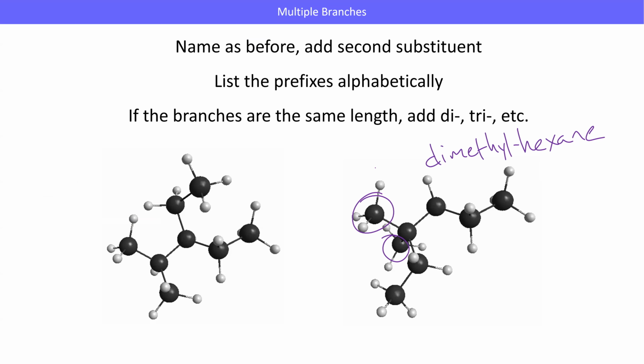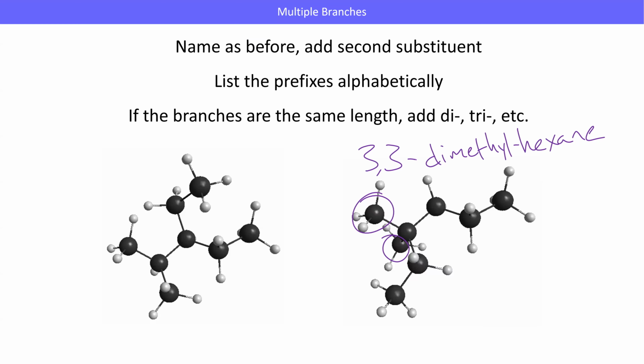So it's gonna be 3,3-dimethyl. It's tempting to just say 3-dimethyl. If you see di, you've got to have two numbers. Because the other thing you could have is 2,3-dimethyl.